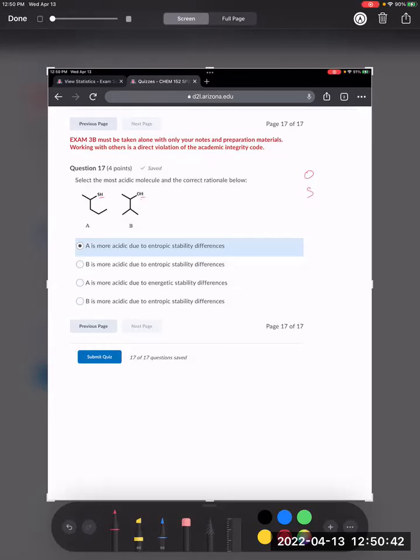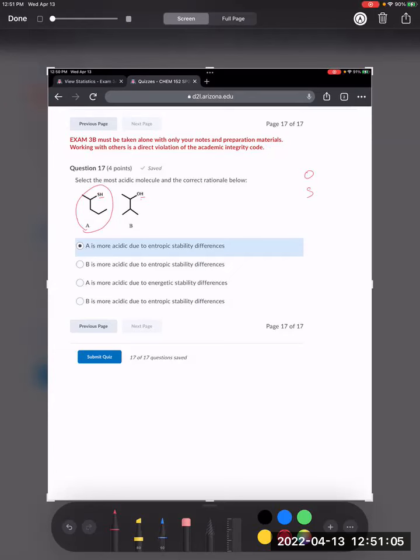But when you go down a group, oxygen and sulfur are in the same group, the size of the atom increases. When the size of the atom increases, the stability of the anion increases because the ordering effect on water molecules will be less. It's an entropic effect. For that reason, based on feature one, molecule A is going to be more acidic.